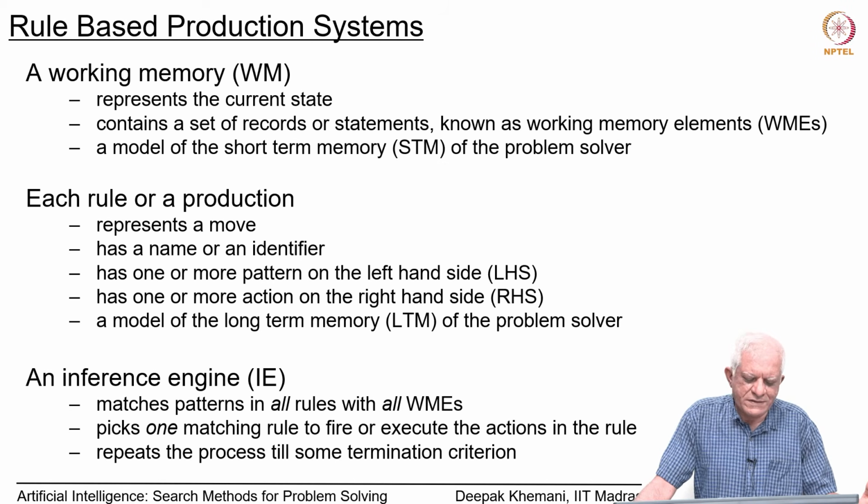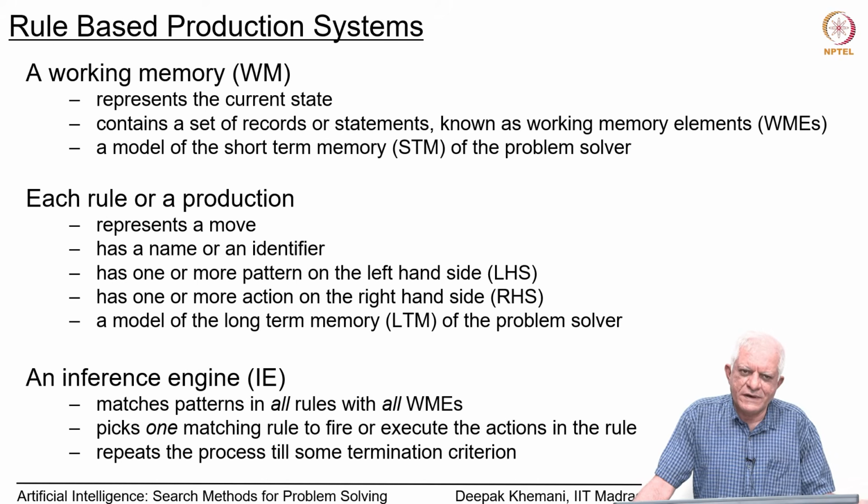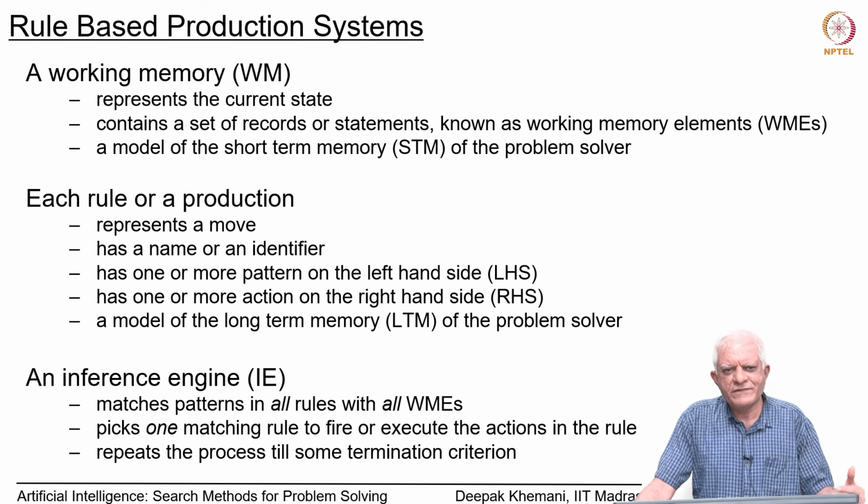So, first it does matching of all the rules with all the working memory elements, then it picks one instance of a matching rule to fire or execute. These are the phrases that we use: we fire a rule or we execute a rule.